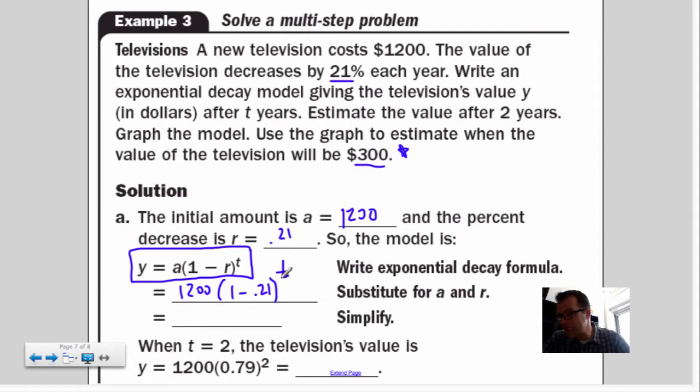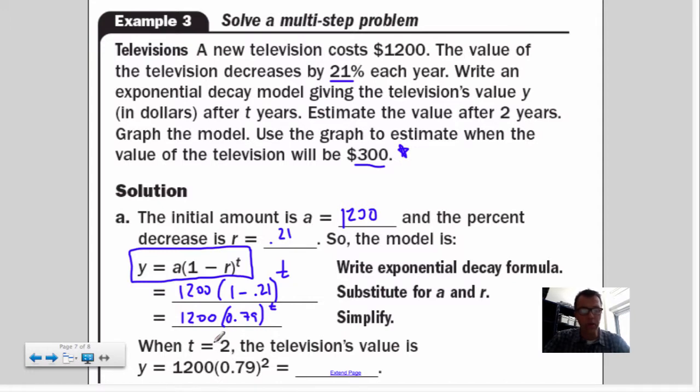And then you should simplify this equation: 1,200 times, and 1 minus 0.21 is 0.79. There you should feel good, right? This 0.79 is a number less than 1. This is exponential decay, and we are expecting that because that's what the word problem said to us, right?